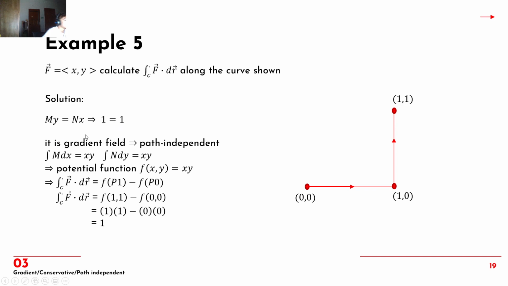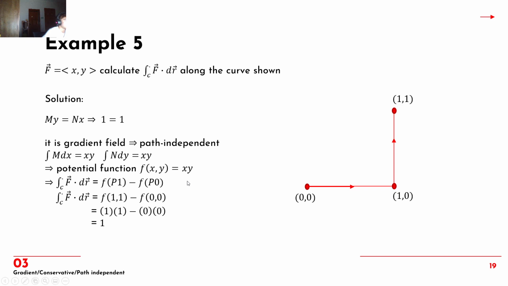That means it's a gradient field, and when it is a gradient field, we can say it's path independent. And then we just need to integrate dx, we got xy, and dy, we got xy. So it's the same term, we only take one. That means the potential function of x and y is xy.